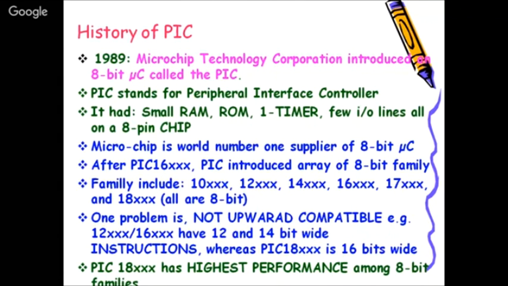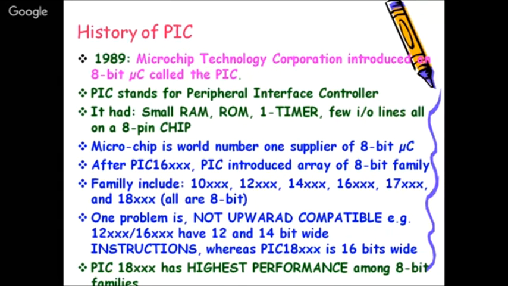Whereas when they launched the PIC in 1989, the peripheral interface controller, that was an 8-bit chip, and this PIC had a small amount of ROM, a small amount of RAM, and one timer only, and few input-output lines, and all that was packaged in a small footprint, an 8-pin chip package.